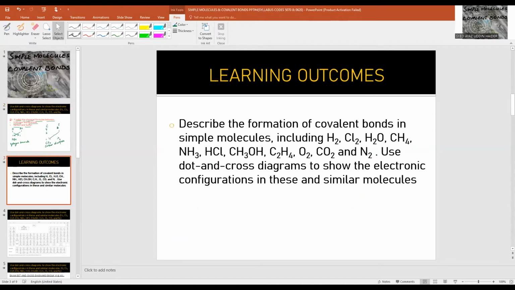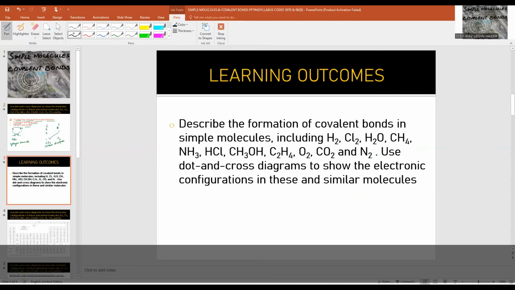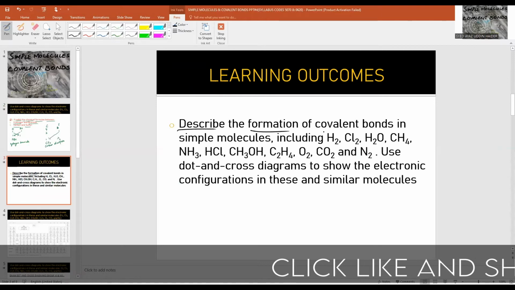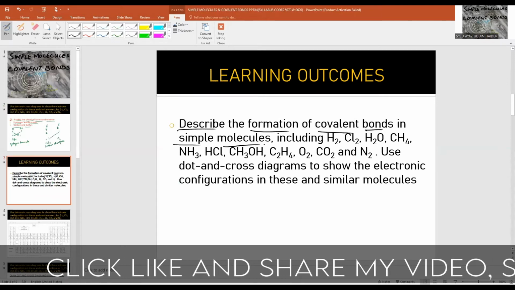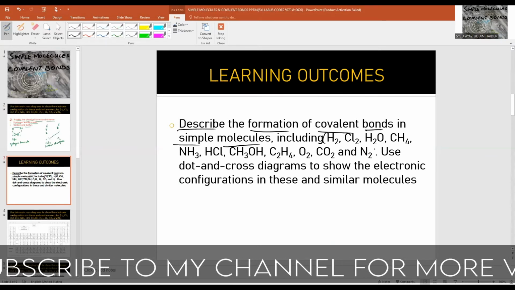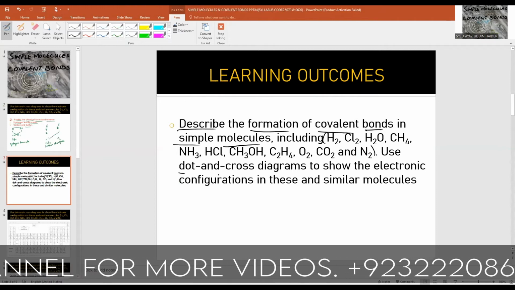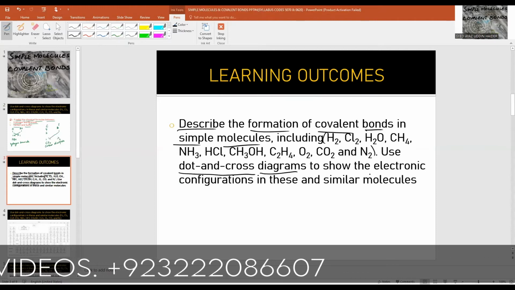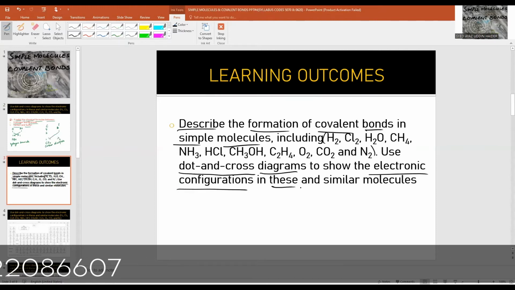The learning outcome is the same for this lesson. That is, describe the formation of covalent bonds in the simple molecules, including these molecules starting from H2 ending on N2. Use dot and cross diagrams to show the electronic configurations in these and similar molecules.